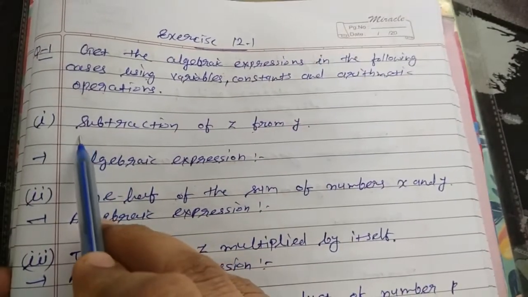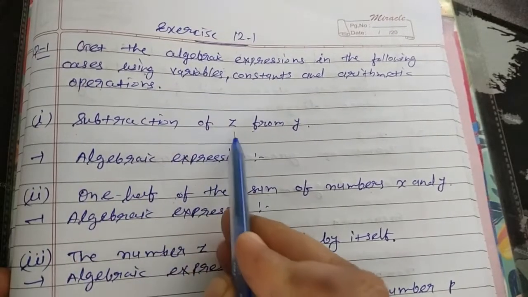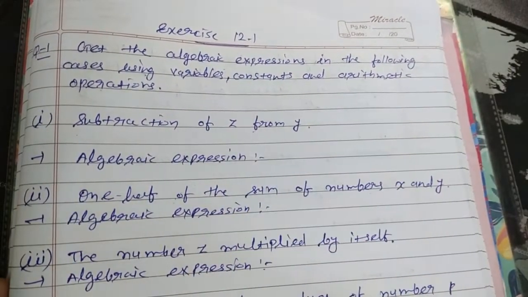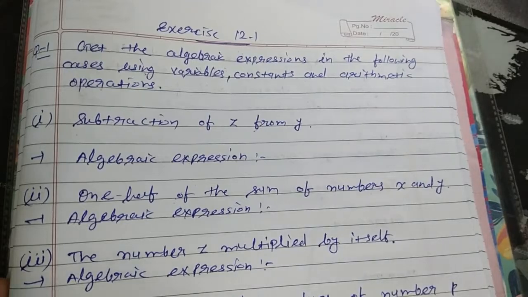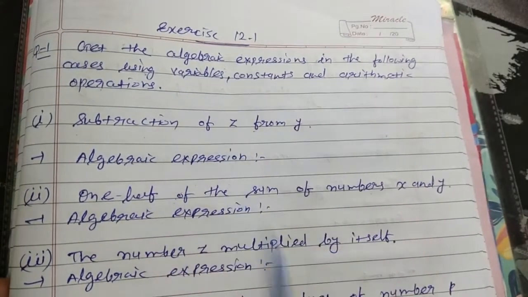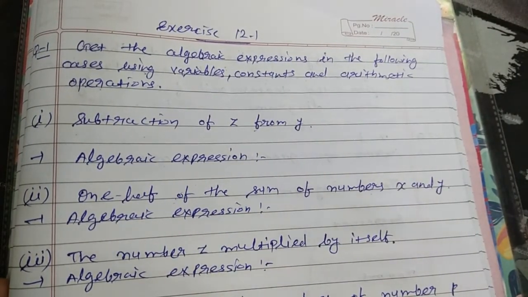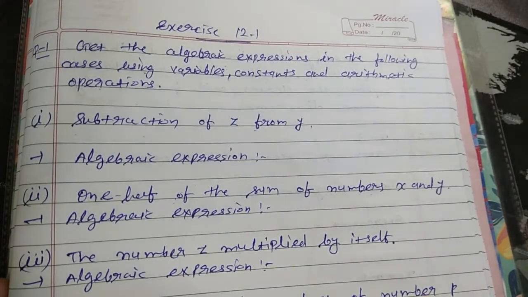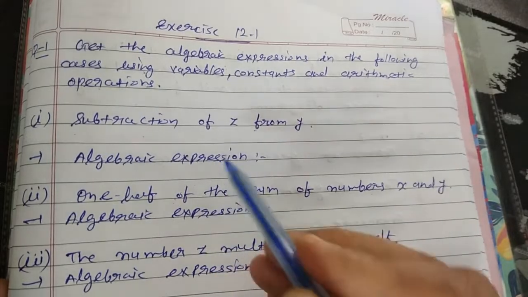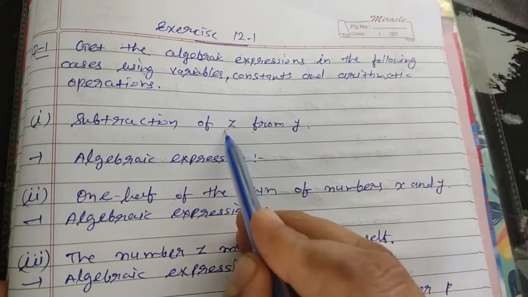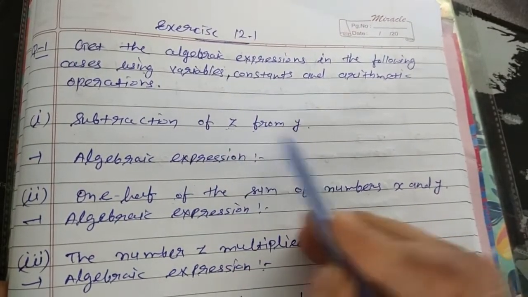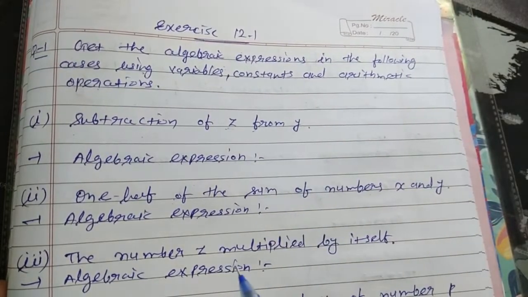Now, question number 1. Subtraction of z from y. So here, first of all, in this statement, we have to identify what are variables, what are constants and what is the arithmetic operation. So here we can clearly see that z and y are variables.